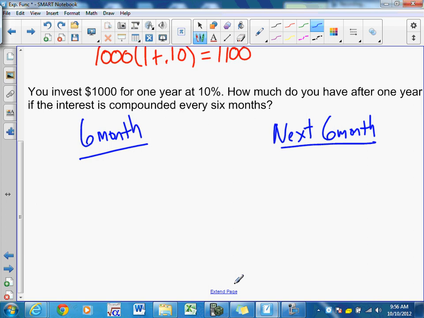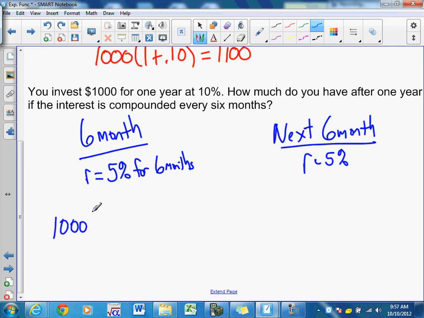So for the first 6 months, my rate is not 10%. For 6 months, my rate is 5%, and then it's 5% for the next 6. So I have $1,000 times 1 plus 0.05 for 6 months.